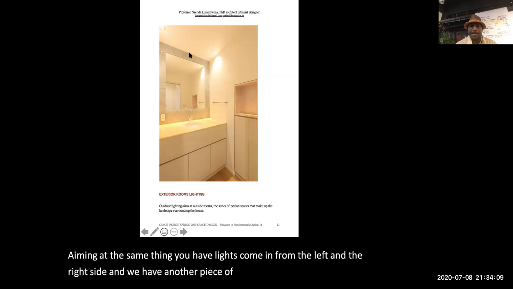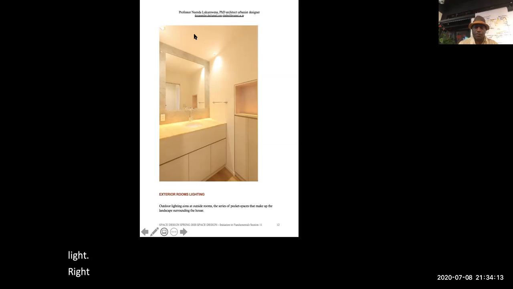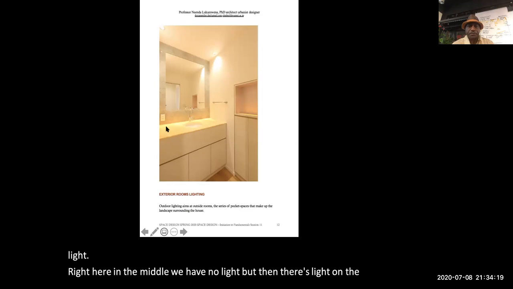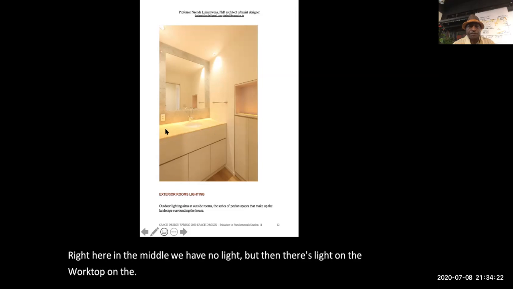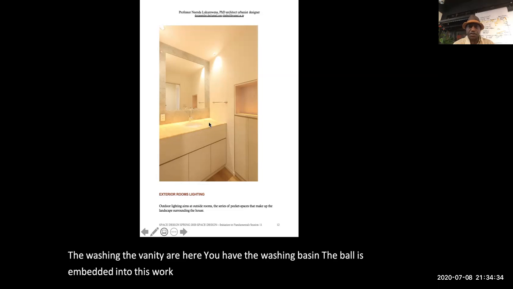Instead of having a light right here in the middle, we have no light, but then there's light on the worktop, the vanity here. You have the washing basin. The bowl is embedded into this worktop, the counter here, but the light comes out of the counter.